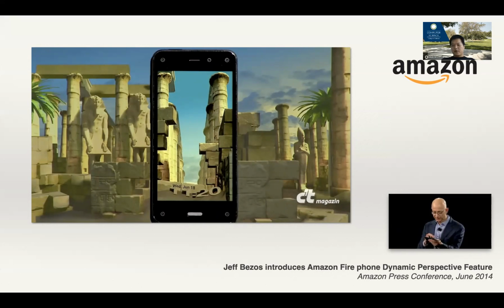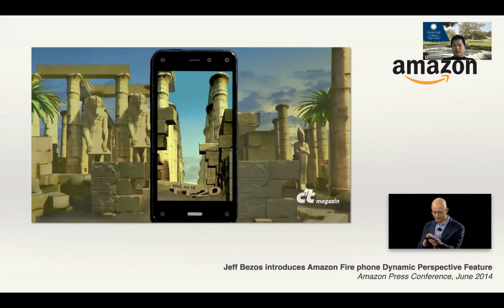I know this one very well because when I was working at Amazon, they were already making it. That was back in 2010 and 2011. So they spent 3 or 4 years making the phone. They hired so many people from the Windows Phone team in Seattle. They spent so much money, and eventually in mid 2014, they released their first phone.